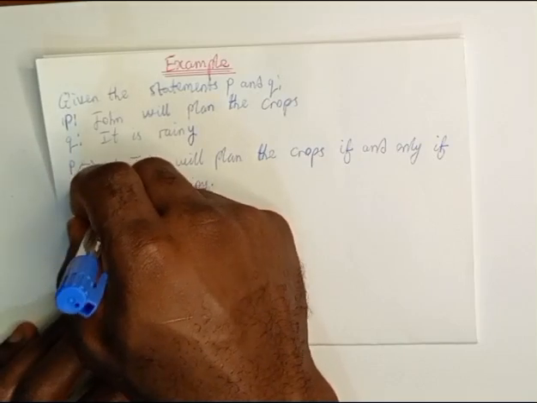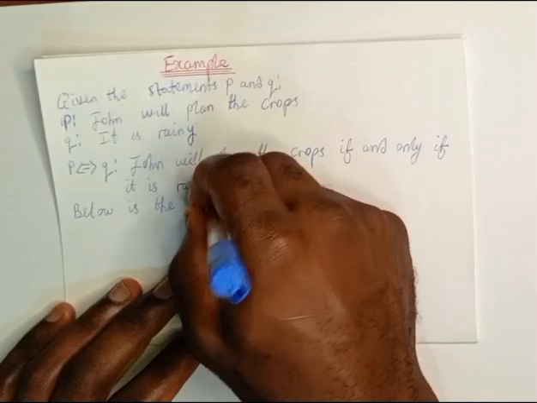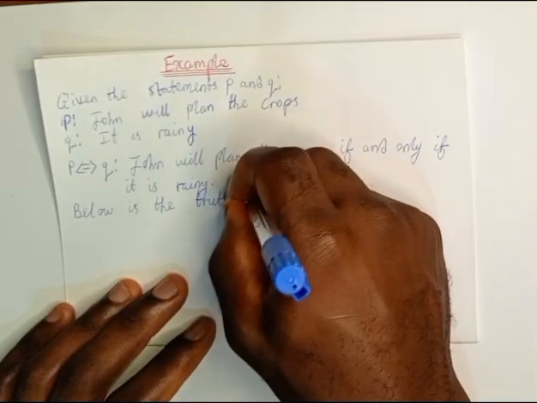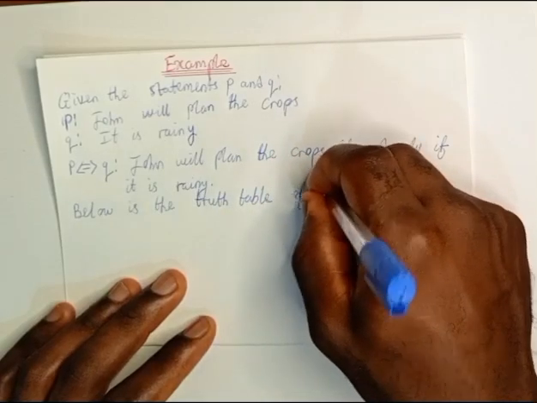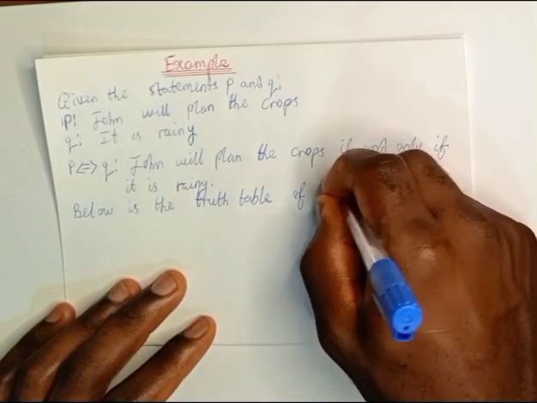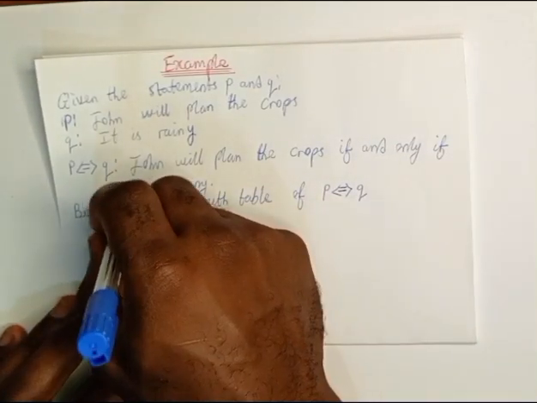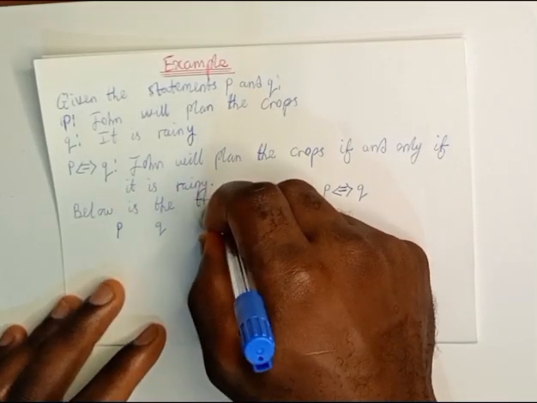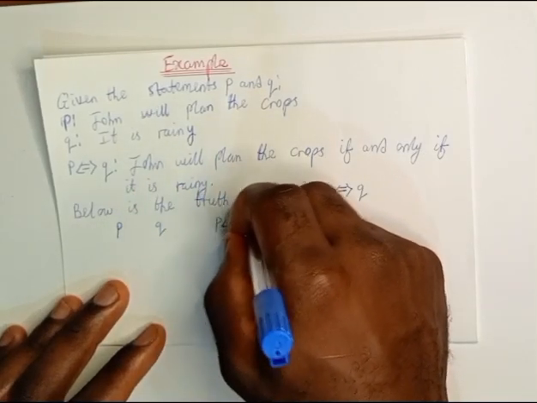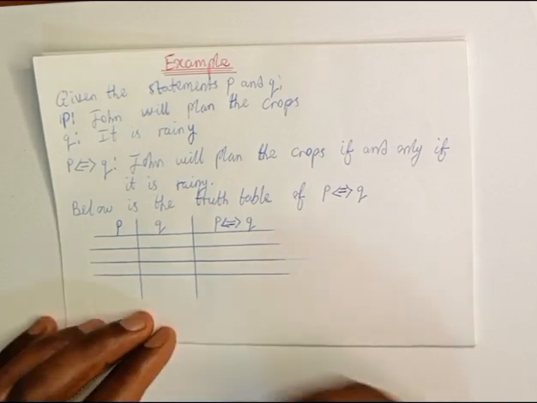Below is the truth table of P if and only if Q. For the first column we have the statement P, the second we have the statement Q, and lastly we have P if and only if Q. Next we have to fill the truth table with the truth values.